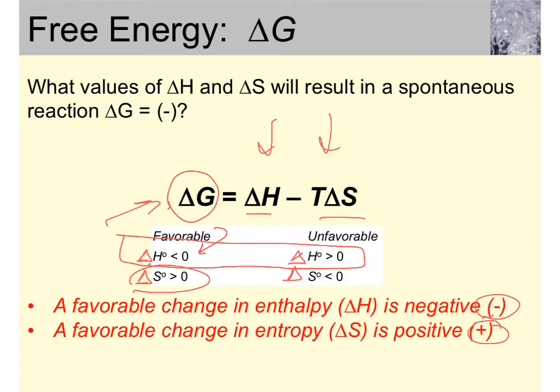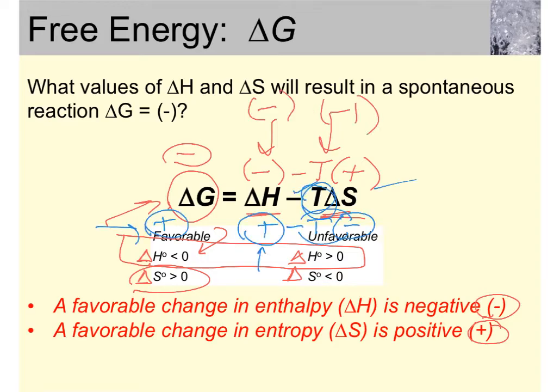So, looking at this equation, if both enthalpy and entropy are favorable, so if enthalpy is negative and entropy is positive, that's favorable for both of them, that means that delta G will always be favorable.